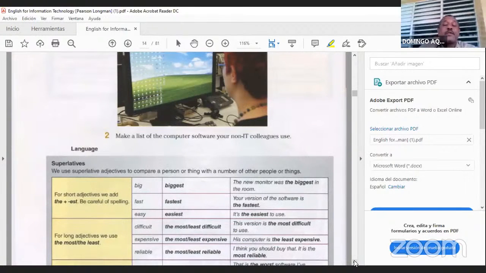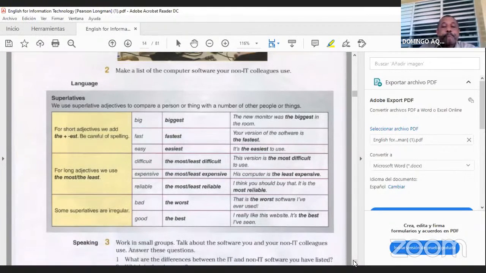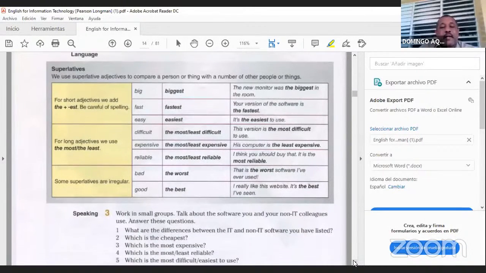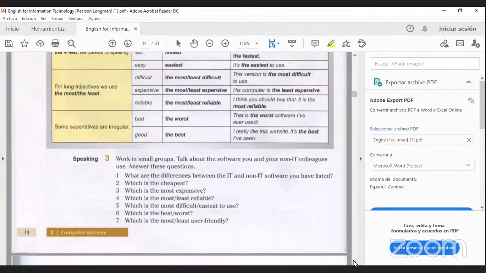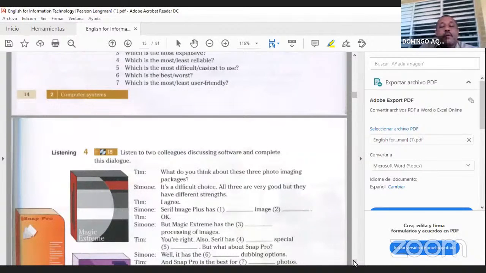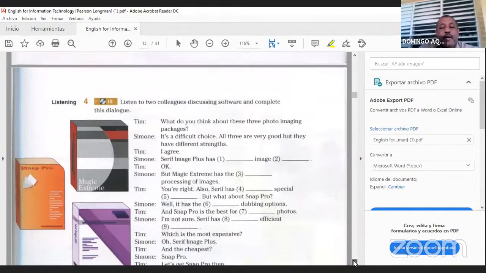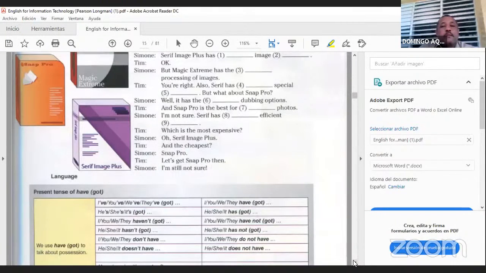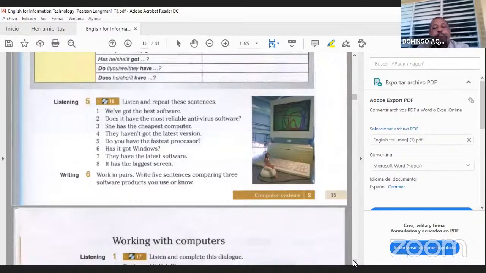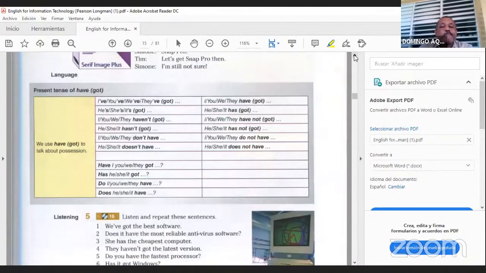I'm gonna check it now and I let you know today. Study the superlative also. Okay? And listen to the CD also, because we are going to socialize some of the exercises of the CD. Okay, next class is about software.